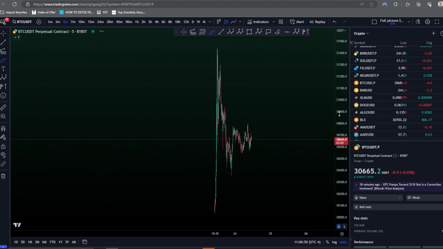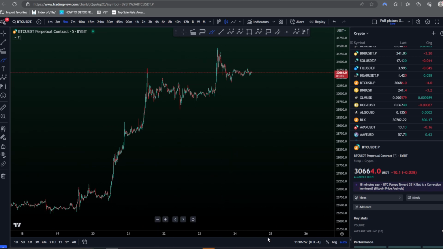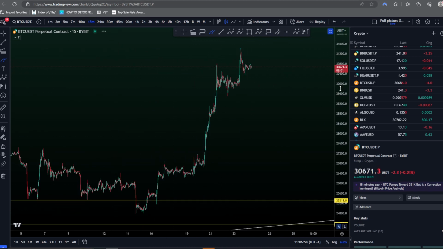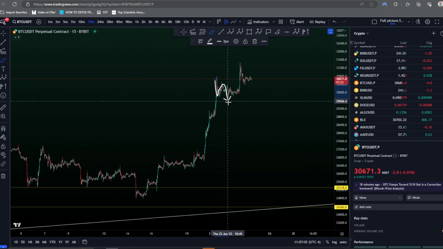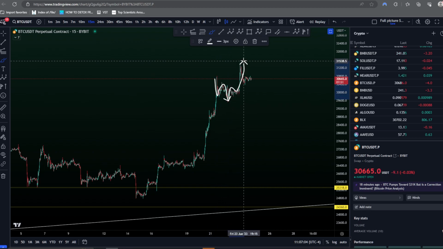But long story short, I'd be looking for hopefully some type of a pullback. This right here looks like a flat correction. Boom, boom, boom. Right? Like I just showed you, but the opposite way now.